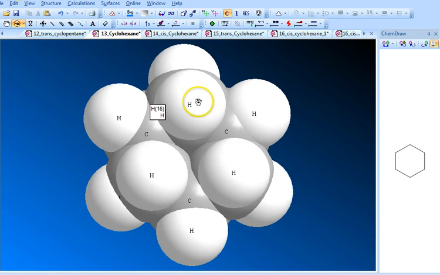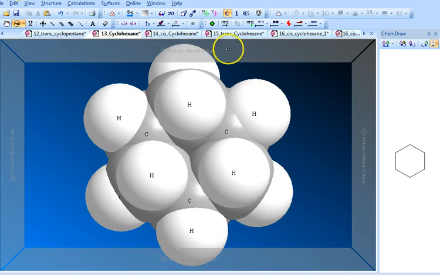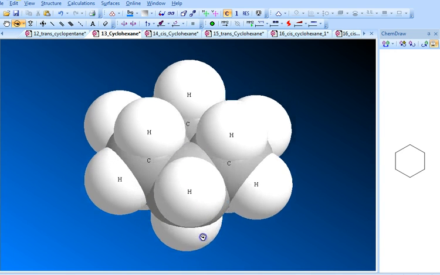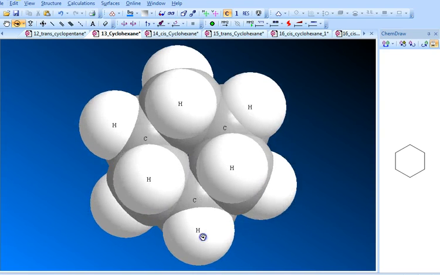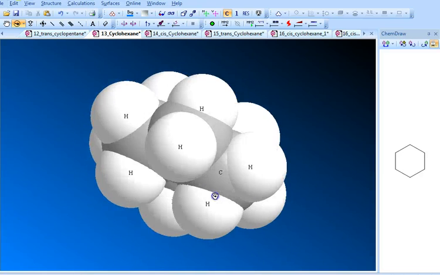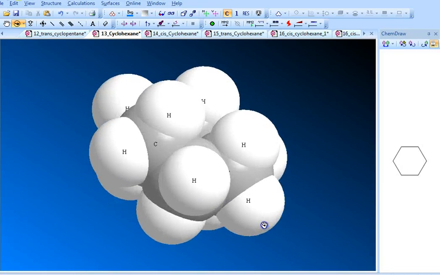These are the hydrogens that are going up, these are the hydrogens that are on the side, and below this carbon there is a hydrogen, below this carbon there is a hydrogen, below this carbon there is a hydrogen. And if you look from the bottom, it's going to look like this. It looks like a disc. It looks like a disc to you, correct? It looks like a disc actually.